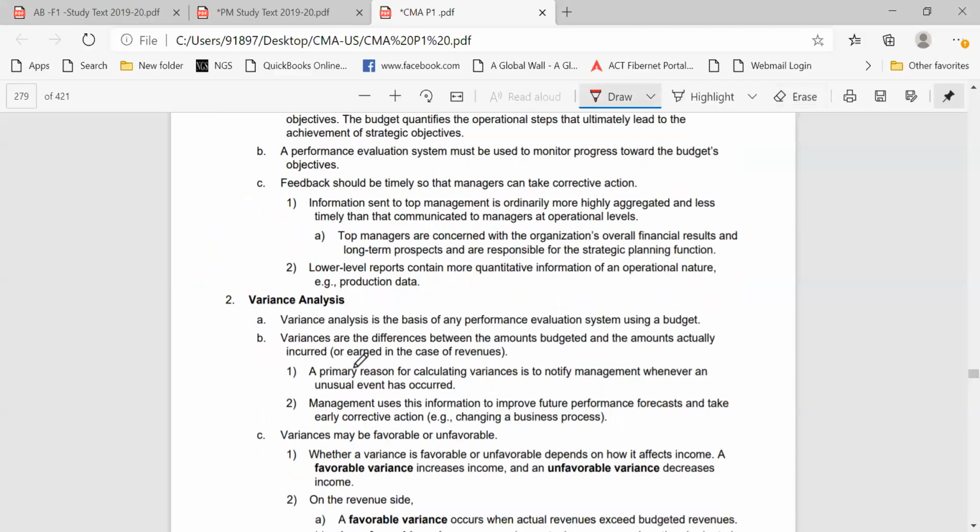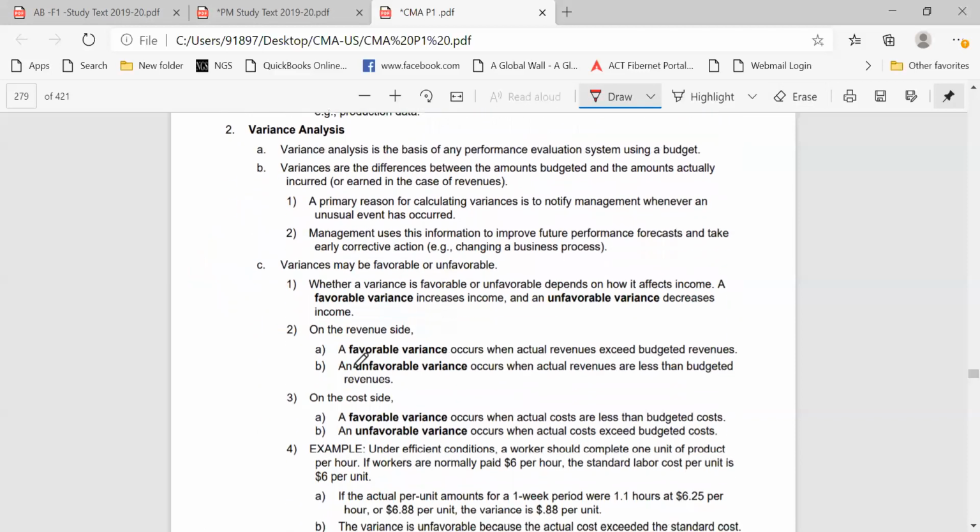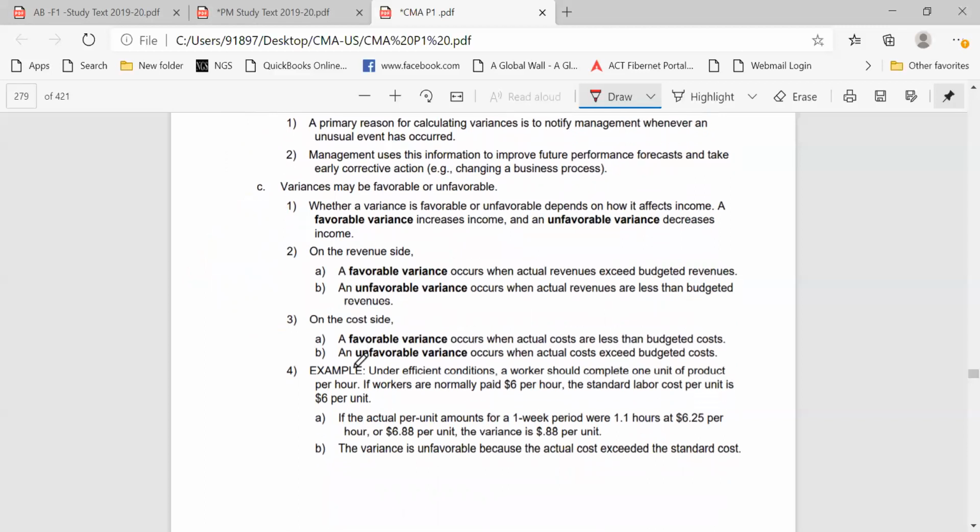So now in variance analysis, whatever expenditure you had estimated, is your actual expenditure more than it or less than it? That's the question. If it is more than that, then it is an unfavorable variance.